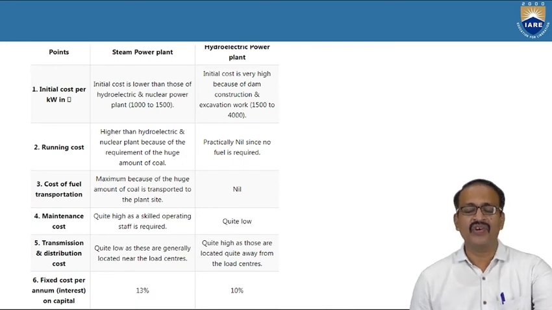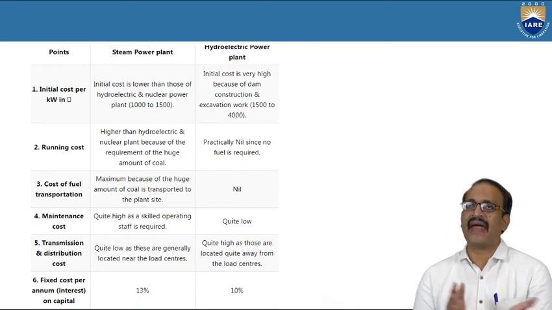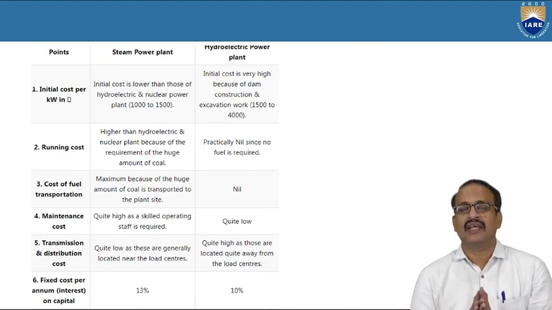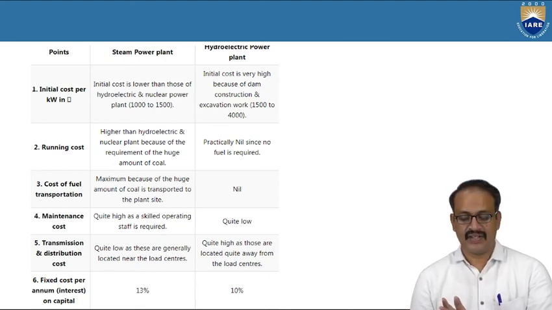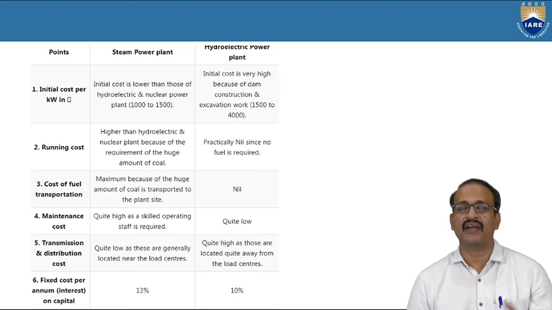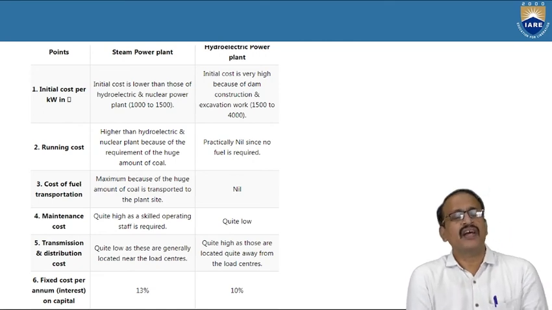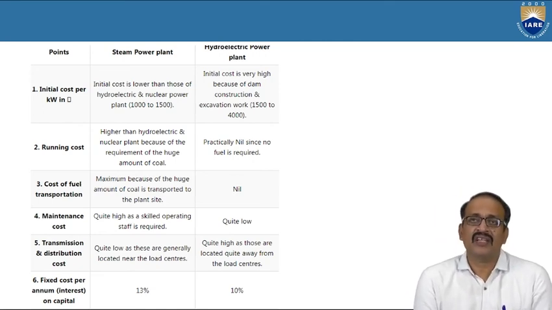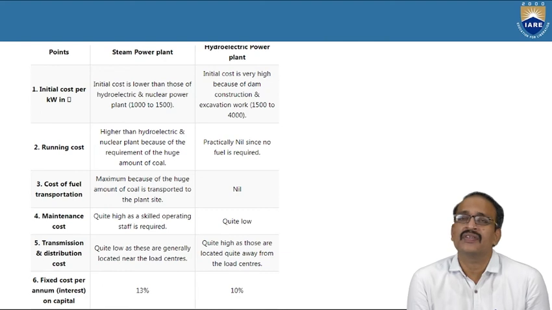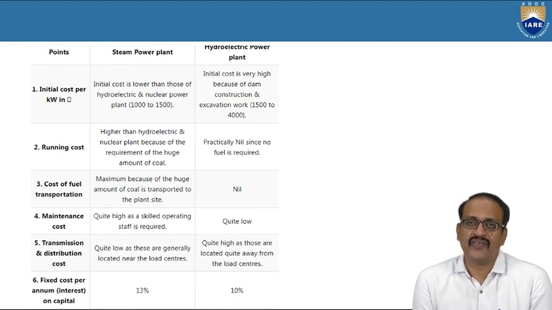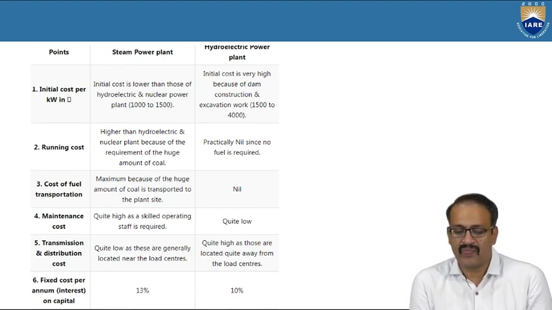If you compare and contrast the difference between steam power and hydropower, the initial cost is high for hydropower. Running cost is high for steam power, and cost of fuel is nil for a hydropower plant.